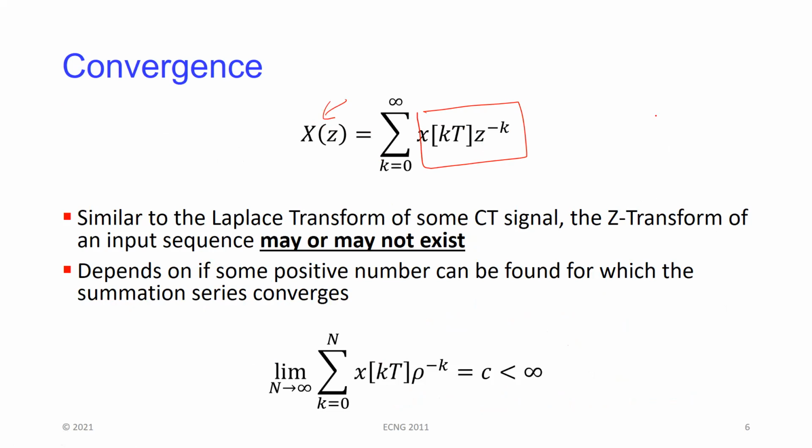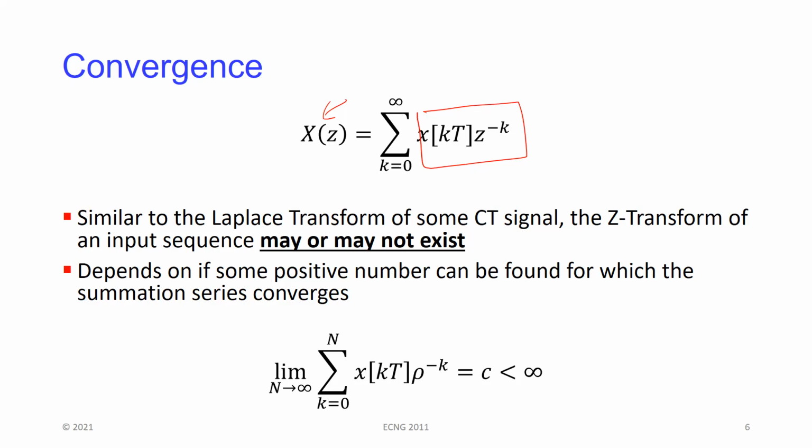In other words, the limit of this summation has to come down to some finite number when n approaches infinity. If not, then you have a transform that doesn't end, which is not going to help you at all.